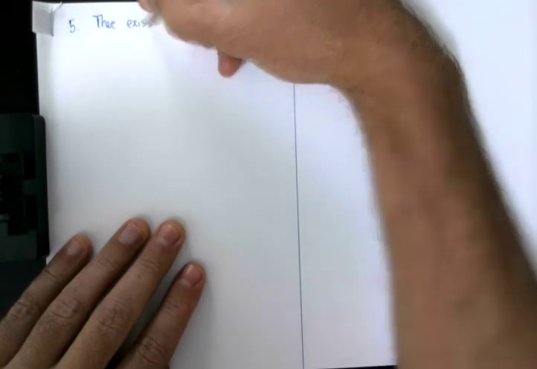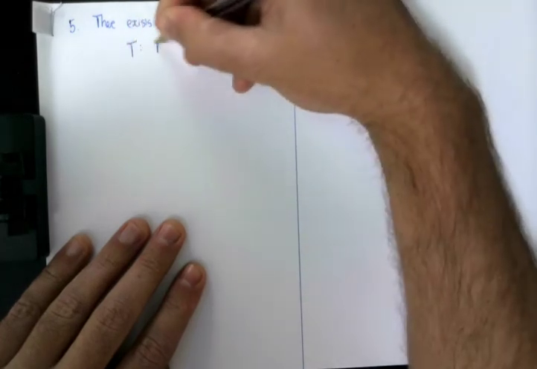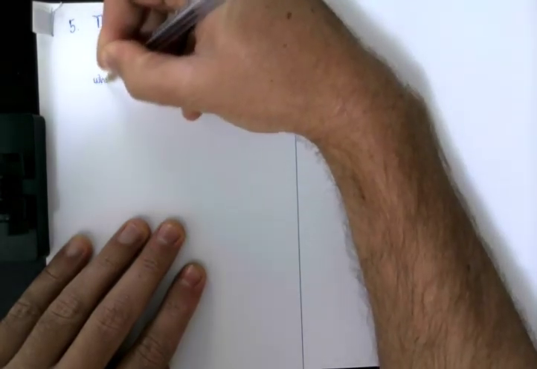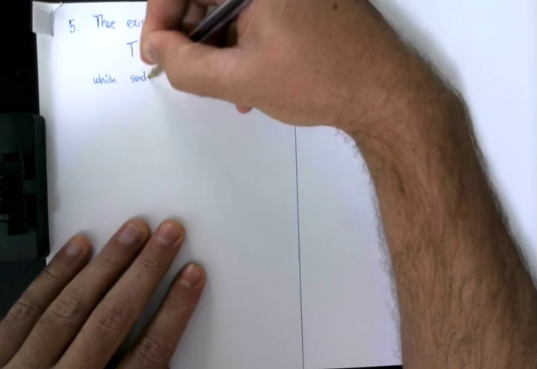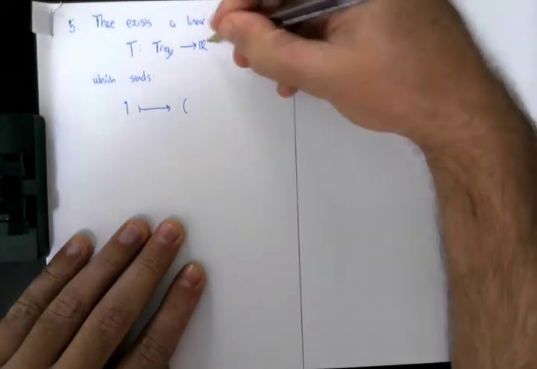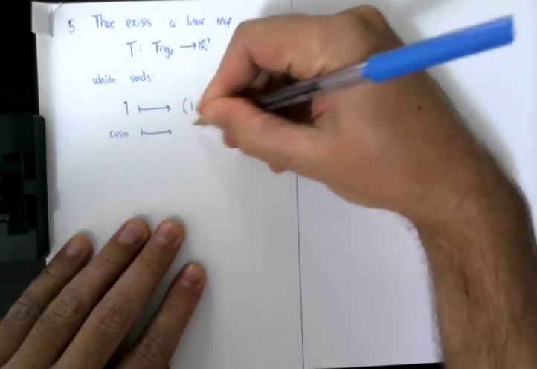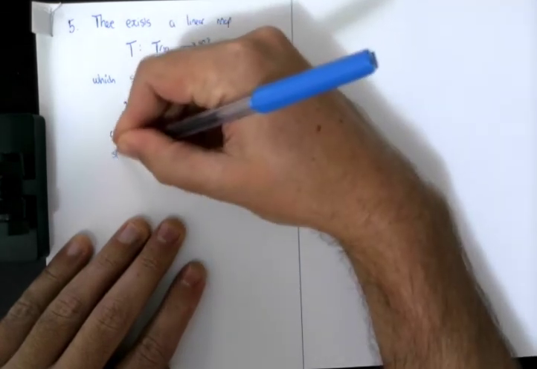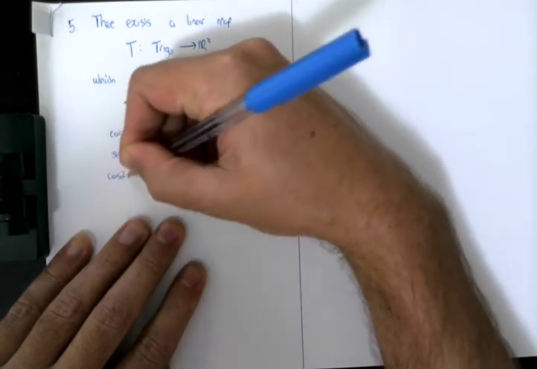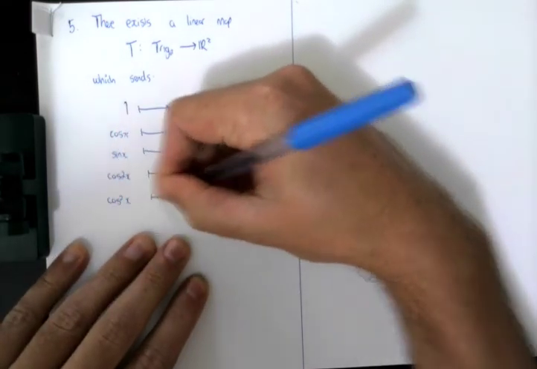It says there exists a linear map T from trig 2 to R2, which sends 1 to (1, 1), cos x to (1, -1), sin x to (2, 1), cos 2x to (1, 4), and cos squared x to (2, 5).